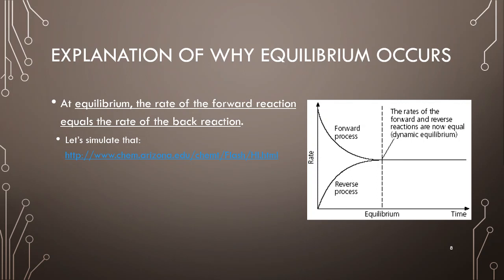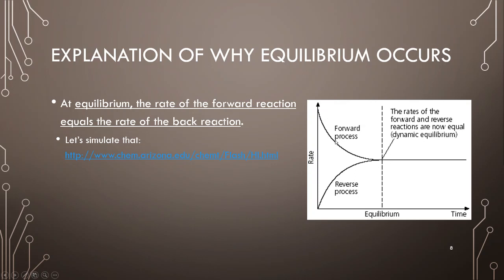Let's go deeper. Explanation of why equilibrium occurs. At equilibrium, the rate of the forward reaction equals the rate of the back reaction. Now, if you were able to draw a graph of rate of reaction against time, you would notice that the forward and reverse reactions would end up at the same reaction rate.